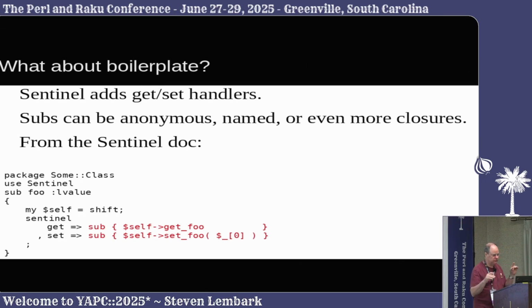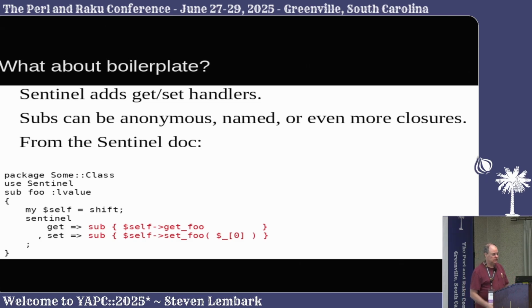The trick is, I can have a class with a method, declare the method as an lvalue, and I give it a pair of subs, one for get and one for set. And this is from Paul's documentation. It basically says that I've got this class, and if the method foo is an lvalue, it's assignable.